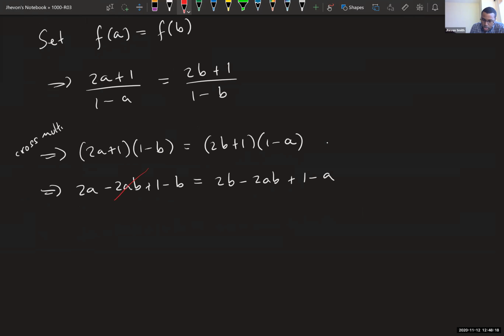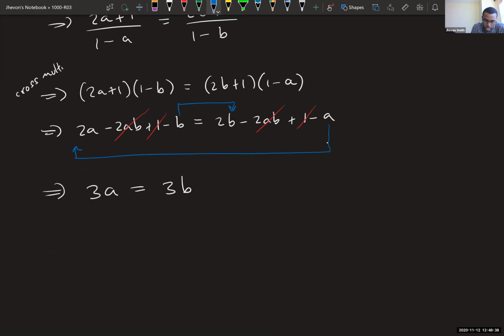I can subtract the 2ab from both sides. I can subtract the 1 from both sides. And I can move this a over there. And I can move this b over there. This would mean that 3a is equal to 3b. And then I can divide both sides by 3.